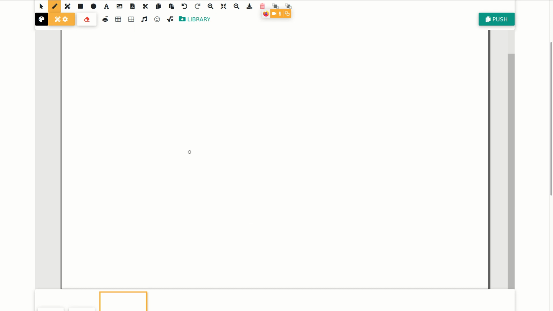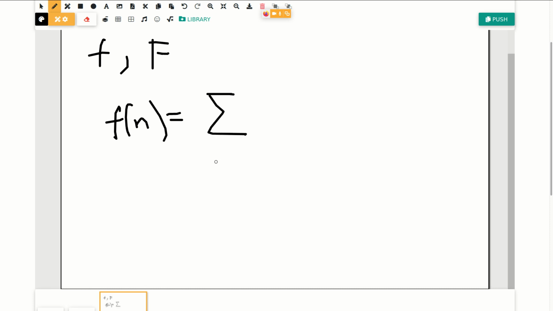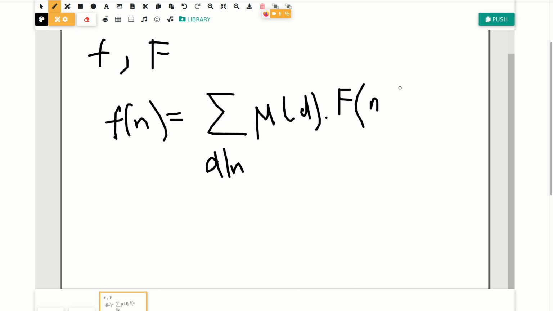Okay, so back to Mobius inversion. We're considering small f and capital F as we defined before, and the Mobius inversion formula says that small f(n) is equal to the sum over d that divides n of mu(d) times capital F(n/d).